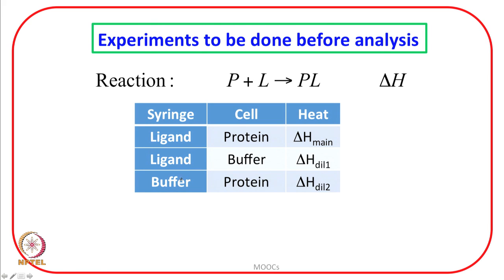The next experiment should be buffer in the syringe and protein in the cell. This is the dilution of the protein, and the corresponding change is delta H dilution 2.